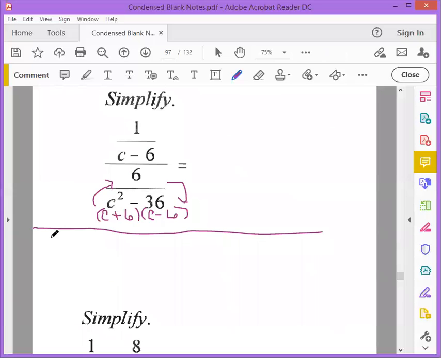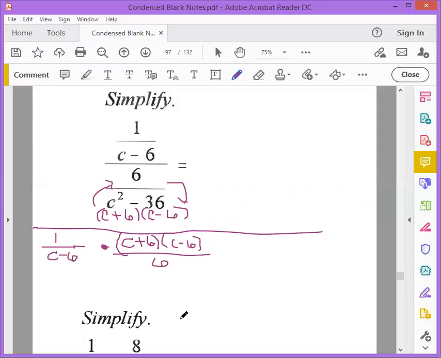So we're keeping that top fraction the same. It'll remain 1 divided by c minus 6. We're changing our operation from division to multiplication, and then we're flipping this bottom fraction. So in the numerator, we have c plus 6 and c minus 6, those two factors. And in the denominator, we have 6.